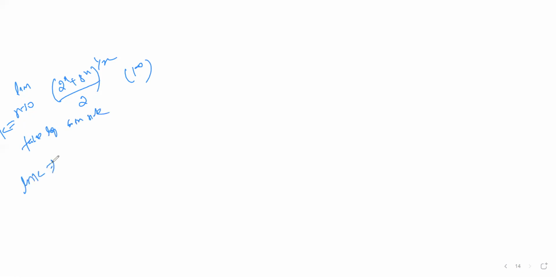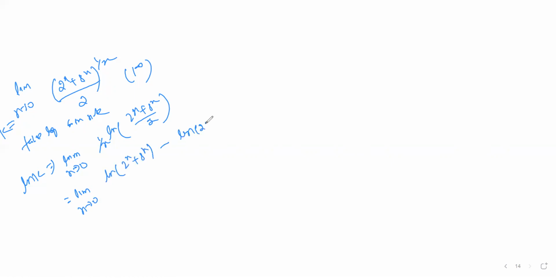So I am going to do one question based on that. If you take the log on both the sides, it will be 1 by x and log of (2 raised to x plus 8 raised to x divided by 2). And this we can write further as limit x tends to 0, ln of (2 raised to x plus 8 raised to x) minus ln 2. Ln a by b is ln a minus ln b.